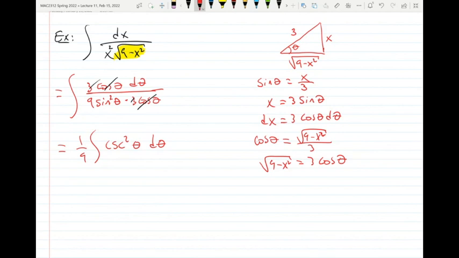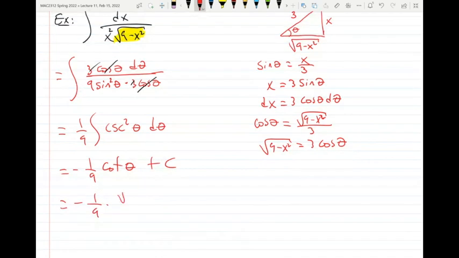Okay? So this becomes negative 1 over 9 cotangent theta. And now we need to go back to x. How do we go back to x? The triangle. What's cotangent? Cotangent is adjacent over opposite. So that's negative 1 over 9 times square root of 9 minus x squared over x.